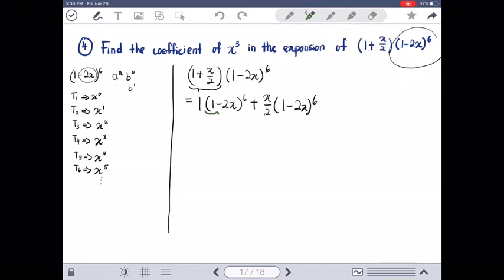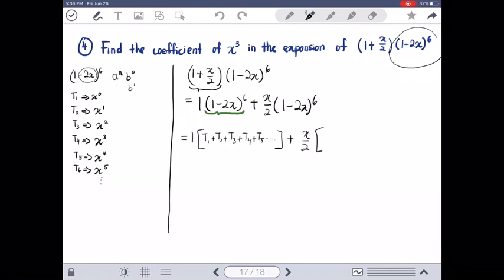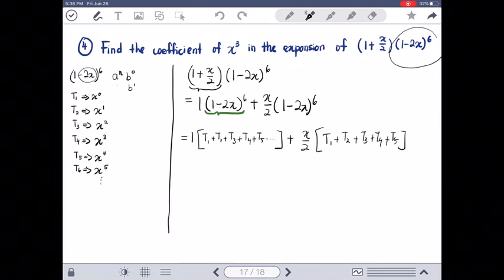If we expand this, we should get 1 multiplied with term number 1 plus term number 2 plus term number 3 plus term number 4 plus term number 5 plus and so on, similar to the right hand side. So we will times with term number 1 plus term number 2 plus term number 3 plus term number 4 plus term number 5, and so on.